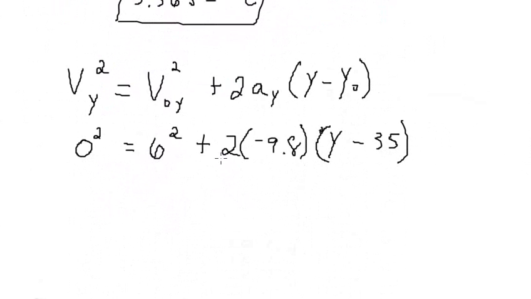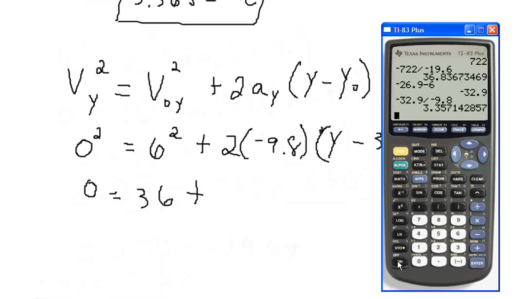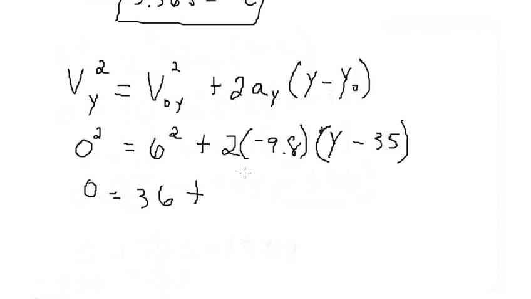So this just becomes a simple calculator problem. 6 squared is 36. Okay, I'm going to plug this in the calculator. So we have 2 times negative 9.8 is equal to negative 19.6.